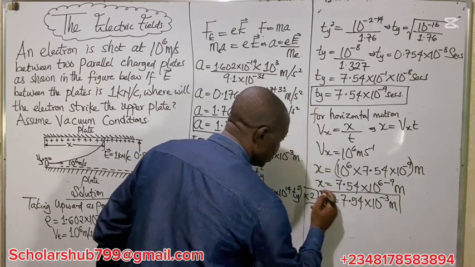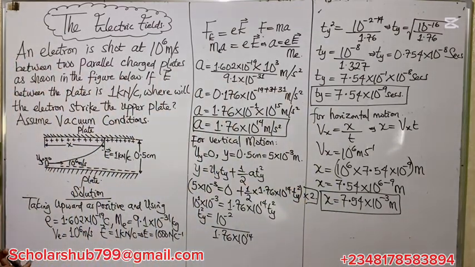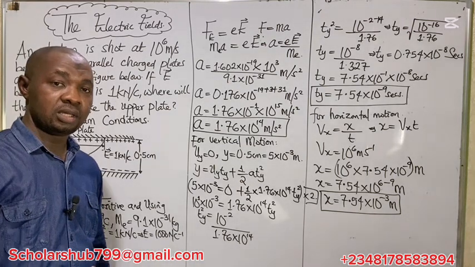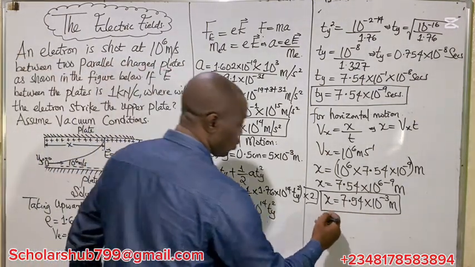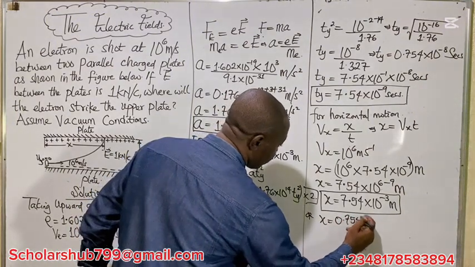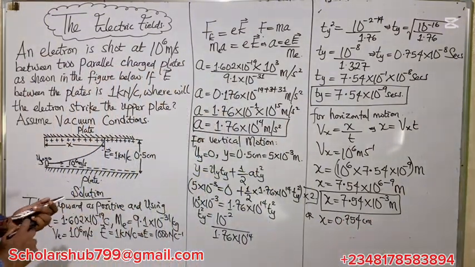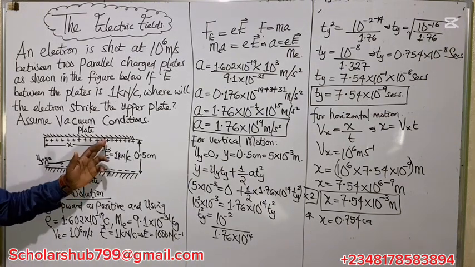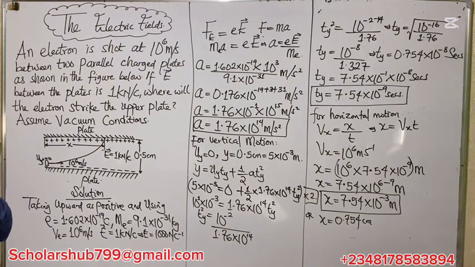So which means the electron travels a distance of 7.54 times 10 raised to the power of negative 3, which will be 0.754 centimeters, before it is deflected to strike the upper plate of the electrostatic plate.